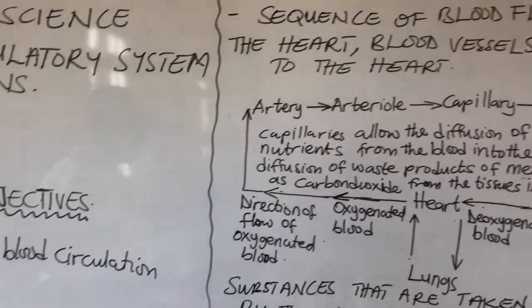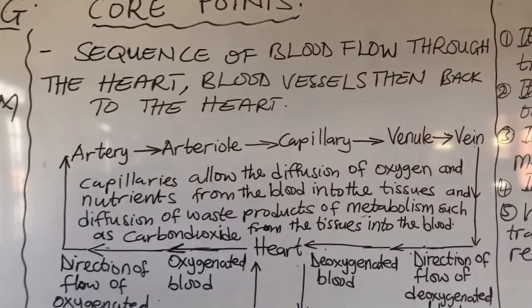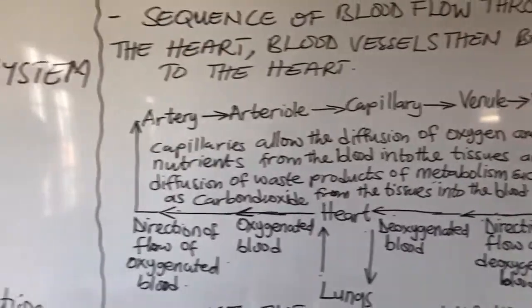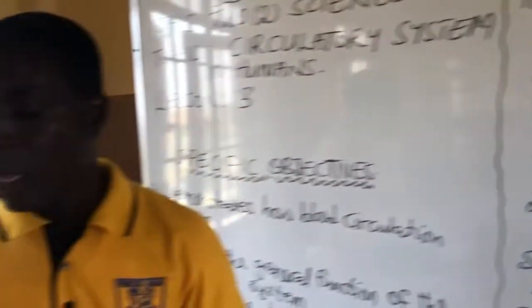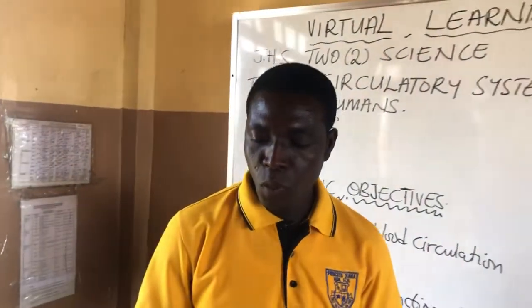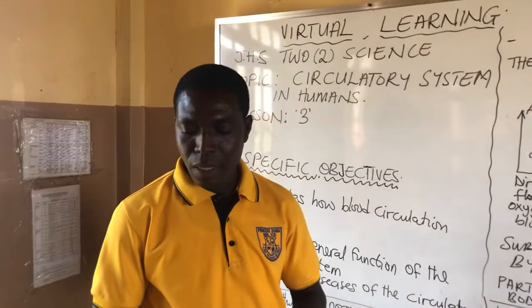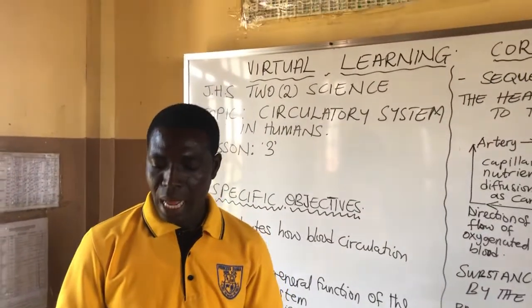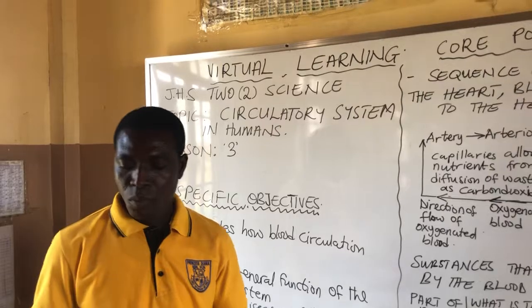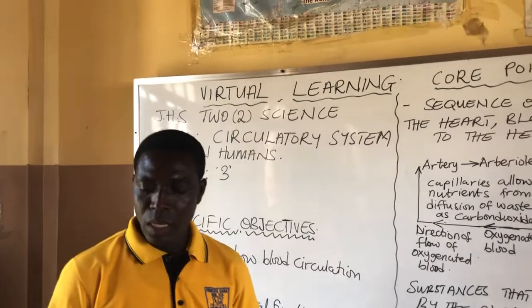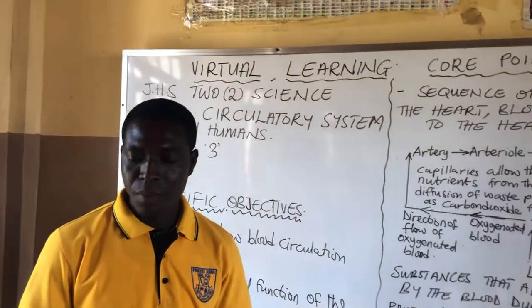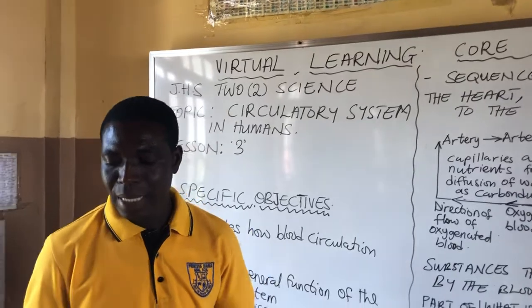At the same time, food nutrients such as glucose and amino acids are also produced and mixed with the blood and move into the small intestines. The blood becomes oxygenated.